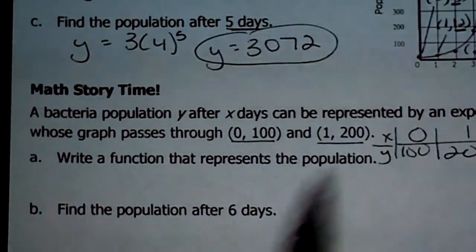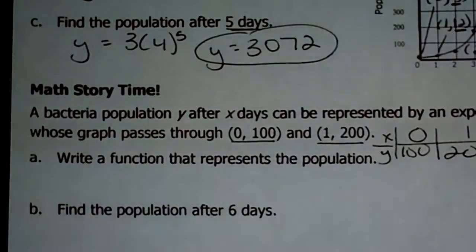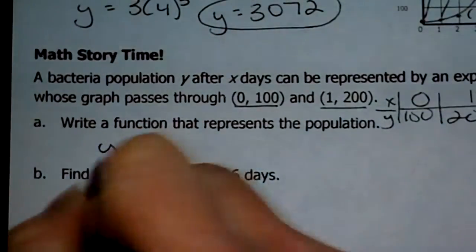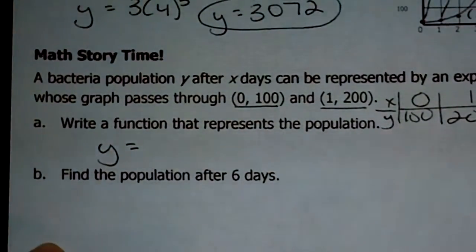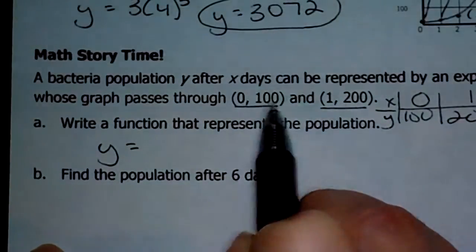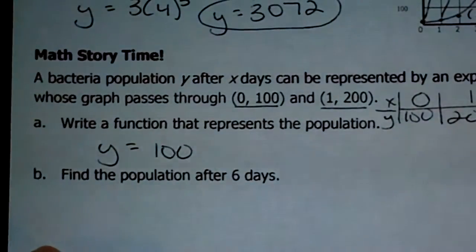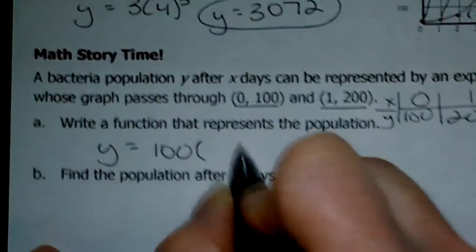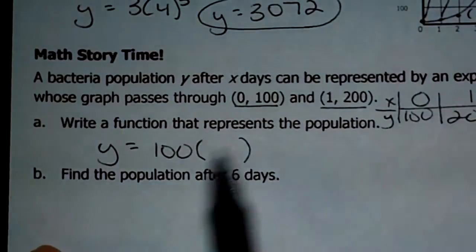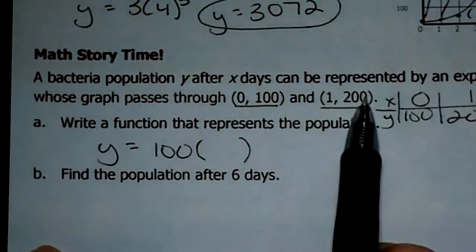Write a function that represents the population. Okay, if we're going to write a function that represents the population, then I need to know my initial value a. I need to know what's y when x is 0. And you're told when x is 0, y is 100. So that's my a. To find the b, I need to know, okay, what do I multiply the first y by to get the next y?